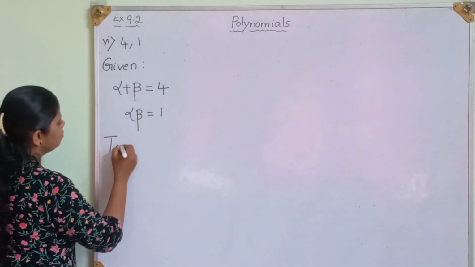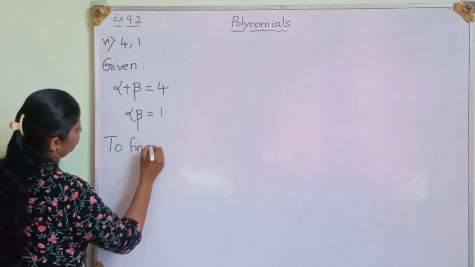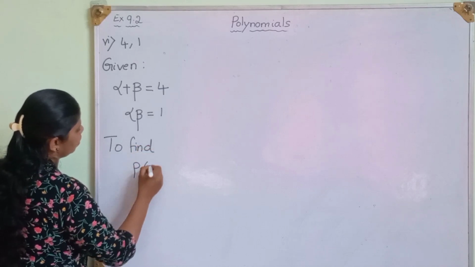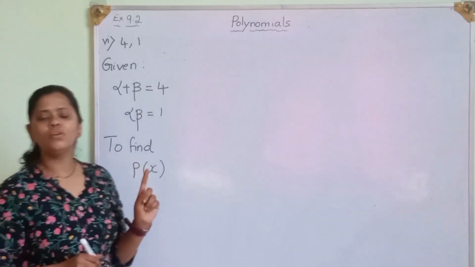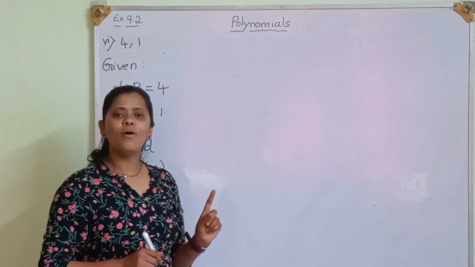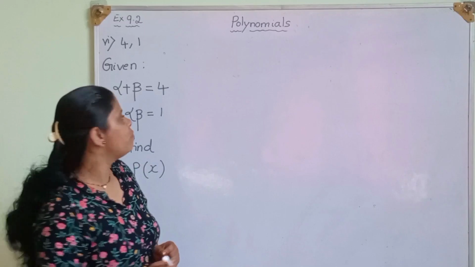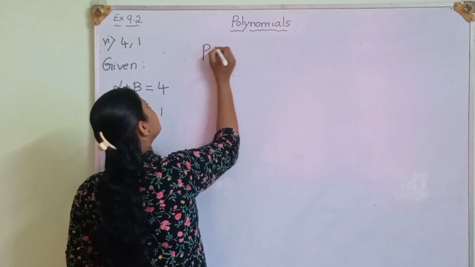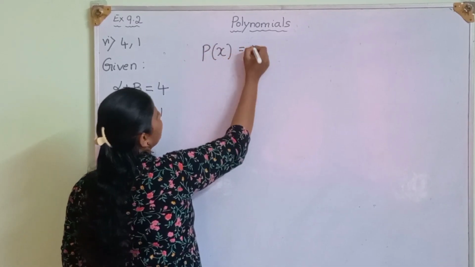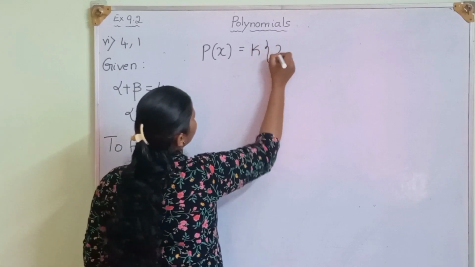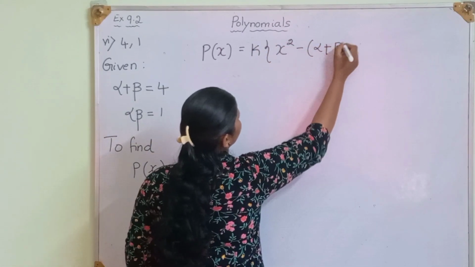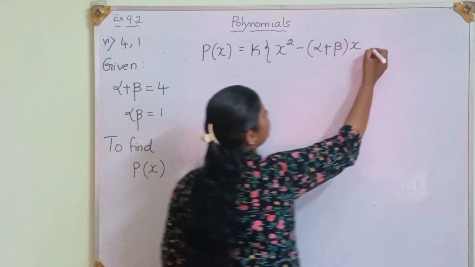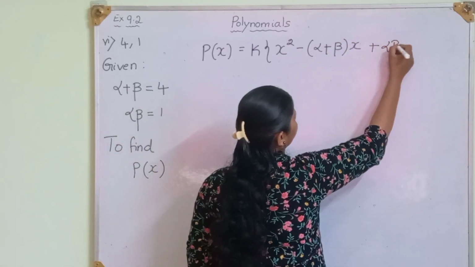What we have to find? P of x. When the zeros of the polynomial are given, the polynomial can be written in the form of P of x is equal to k into x square minus alpha plus beta into x plus alpha beta.